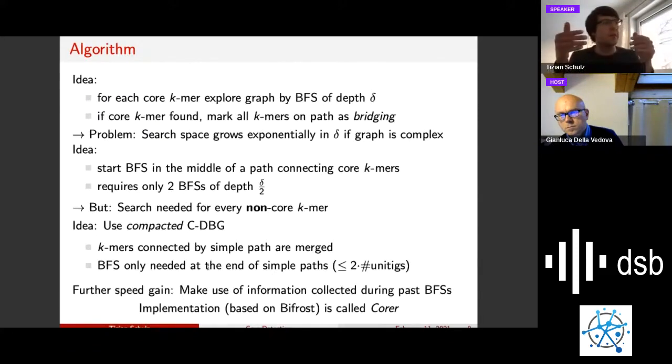But if we are not able to reach these unitigs again from the other core k-mer, we would have to unmark them all again, and then we would need another traversal. It could still be an approach to go for. To be honest, I haven't tried that out, so it might work. Actually, nice idea.